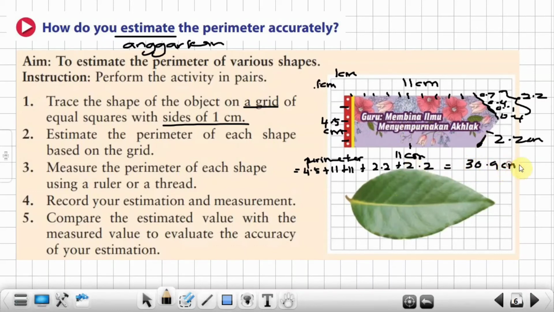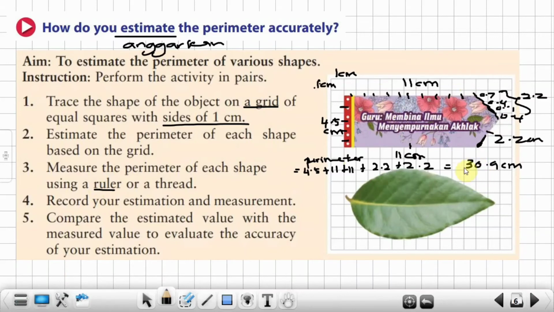30.9 cm. So this is the estimation. If you want to know the real perimeter, you need to use a ruler to find out the length of each side.